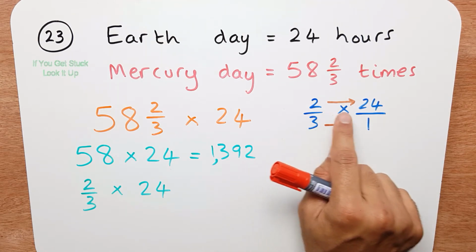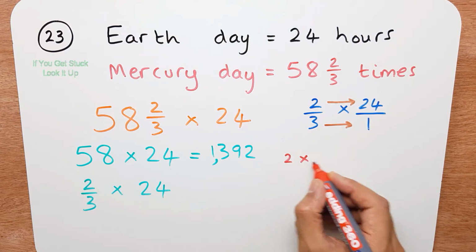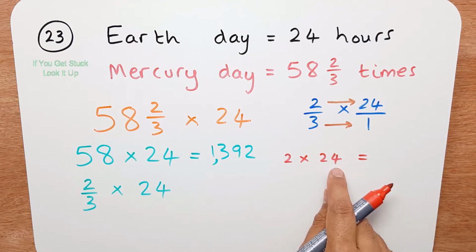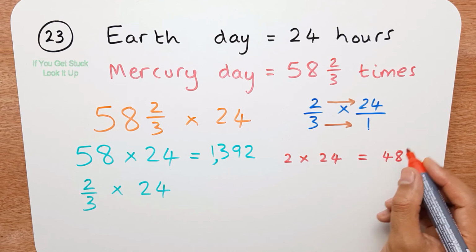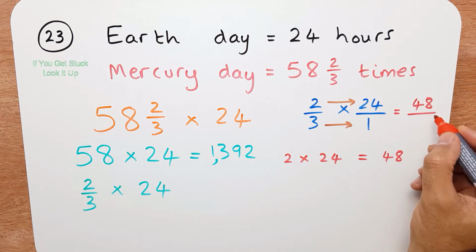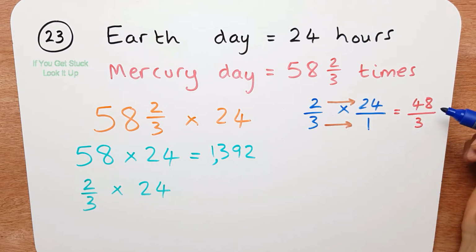So we need to do 2 times 24. 2 times 24 is 48. So I'm going to put 48 at the top as the numerator, and 3 times 1 is 3.